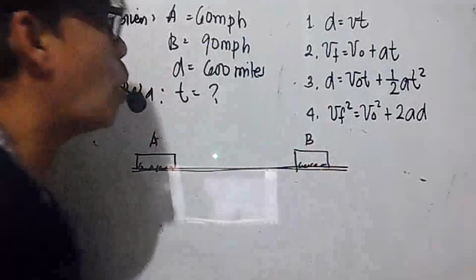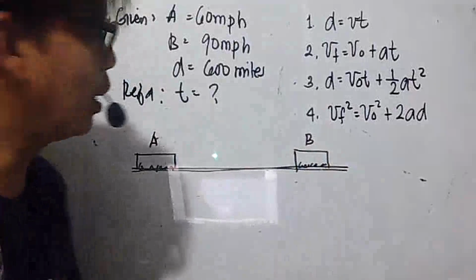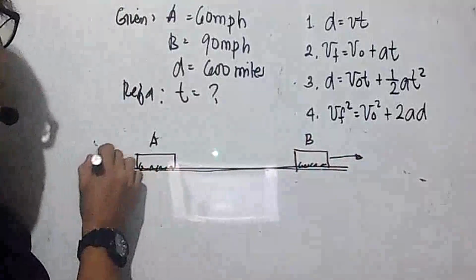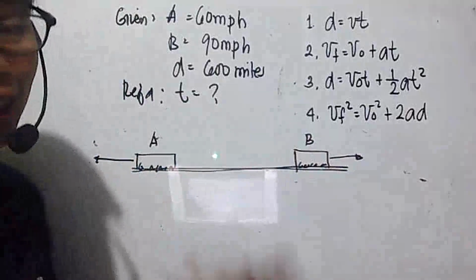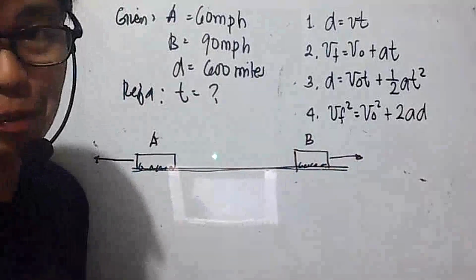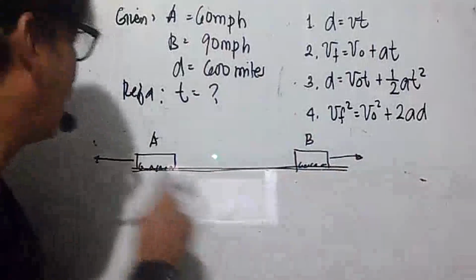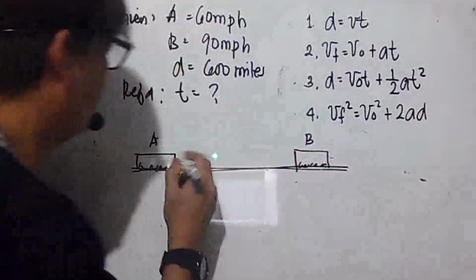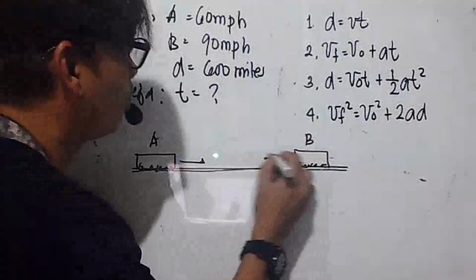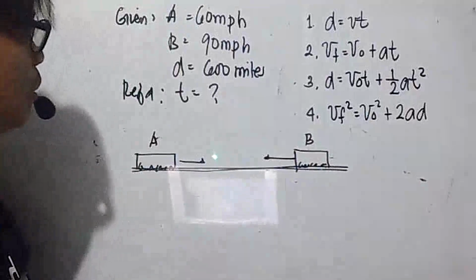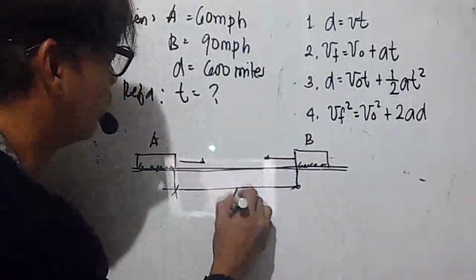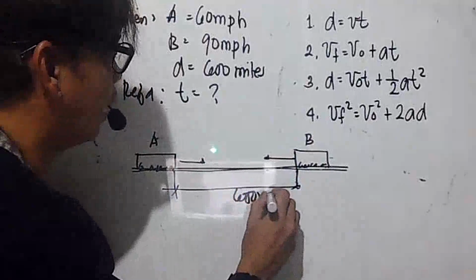When I say opposite direction, there are two ways. This one can go there and this one can go here. That's opposite, but if that's the direction you choose, they will never meet because they go in different directions. So let's say A goes this way and B goes that way. The distance between the two of them is 600 miles.